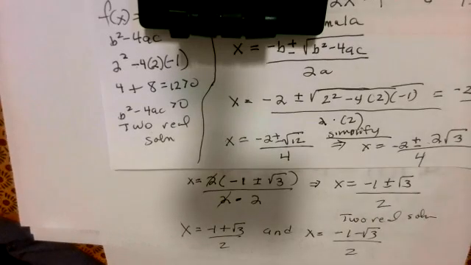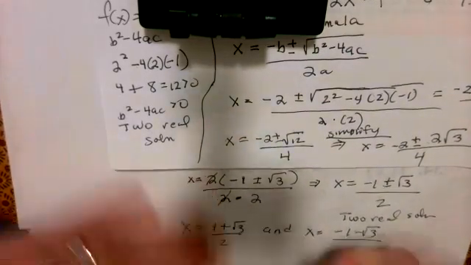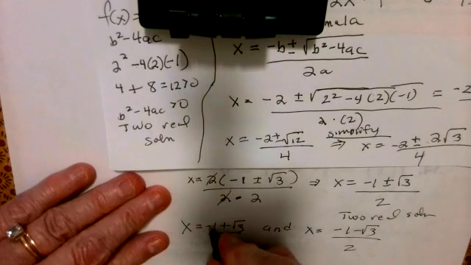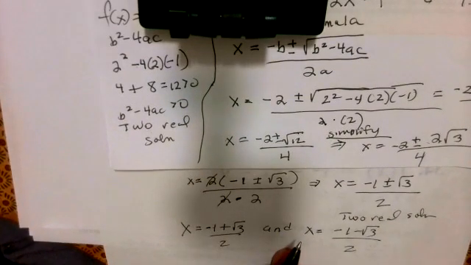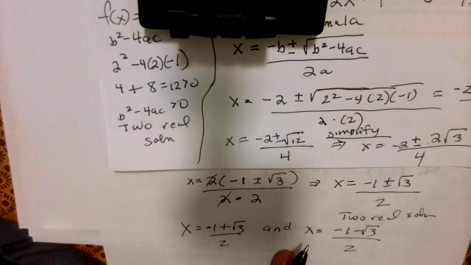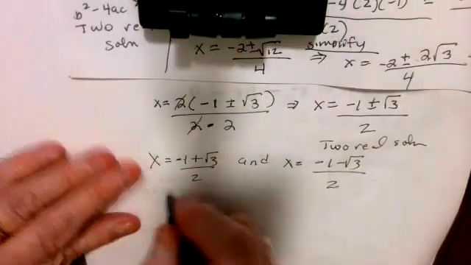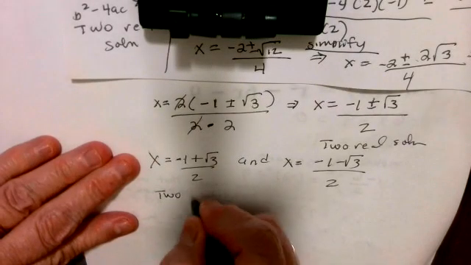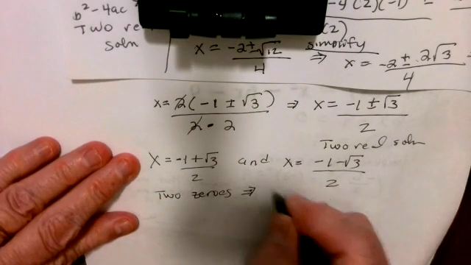You could check it if you put these numbers back in the beginning equation, and it will end up being 0. So we've got 2 distinct real solutions, and that means that we've got 2 zeros. That means 2 x-intercepts.